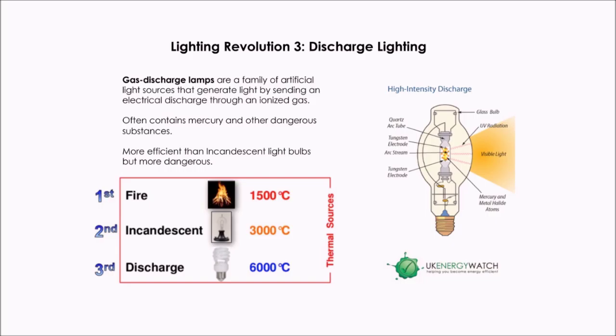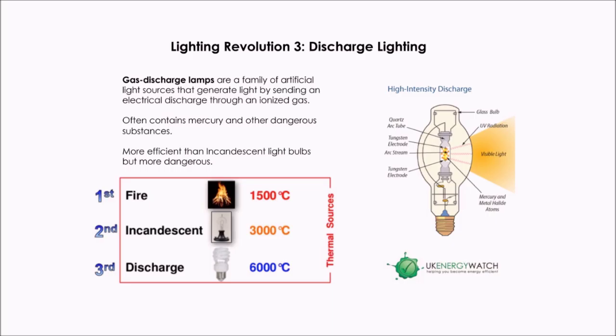Now, the way that we've improved the efficiency of light is by increasing the heat. You see, with the first three forms of lighting that we've used, fire, incandescent, and discharge, light really has been the byproduct. It's heat that we're creating, and we discovered that the more heat we create, the better the light source.